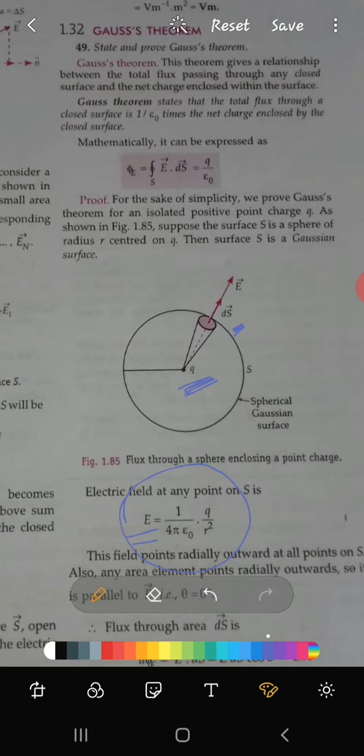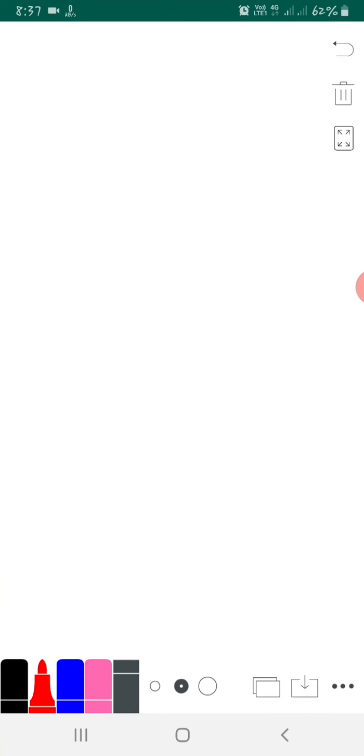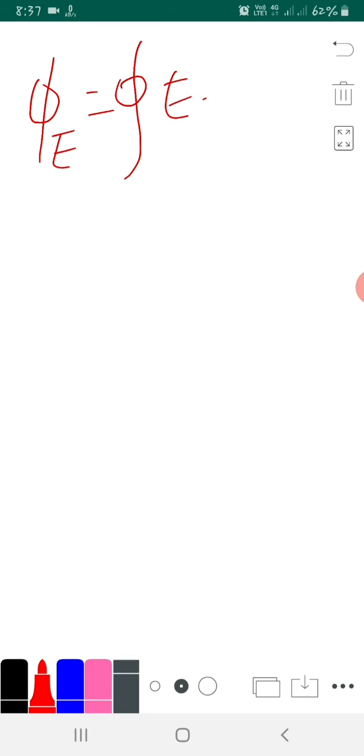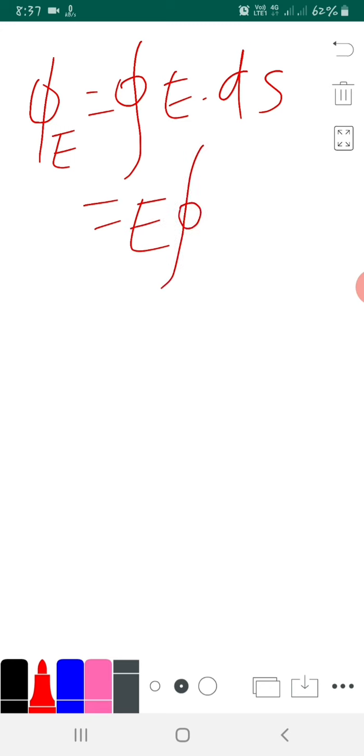So according to our law, we know that electric flux phi E is equal to line integral of E ds. So take E outside the integration sign: E line integral ds.